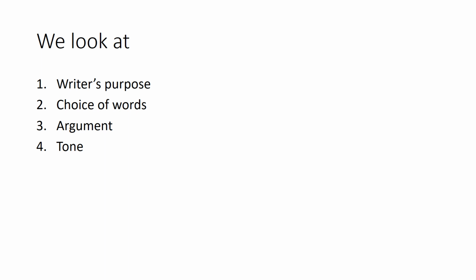The writer's purpose, 2. his or her choice of words, 3. the argument they're making, and finally the tone of voice that they're using. In this session, we're only going to be looking at the writer's purpose and choice of words. But next session, we're going to be dealing with the rest. So let's start with the writer's purpose.